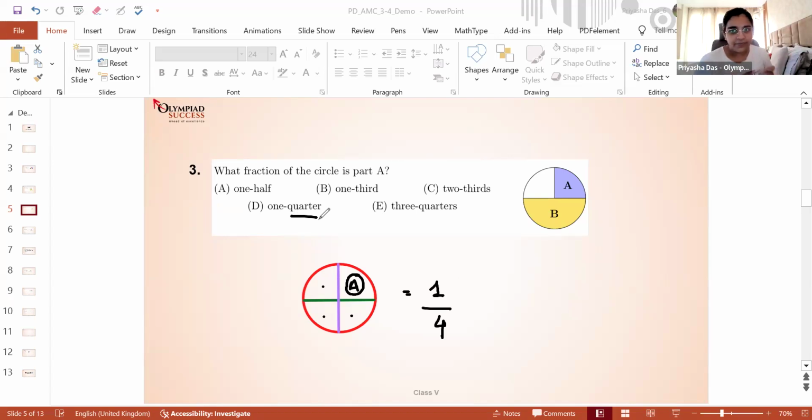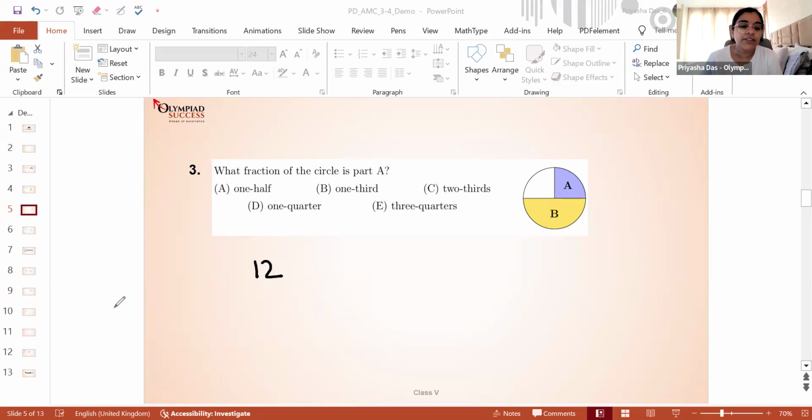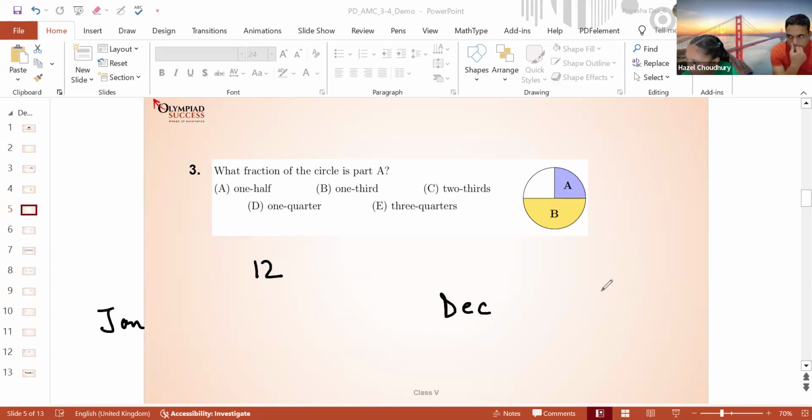Ready? General knowledge questions? Okay, then how many months do we have in a year? 12 months. Very good. Starting right from January going up to December. So if I ask you, Hazel, how many months are there in a quarter of a year? Then what will be your answer? 4. Ah, that was a tricky part. Think again. 3.